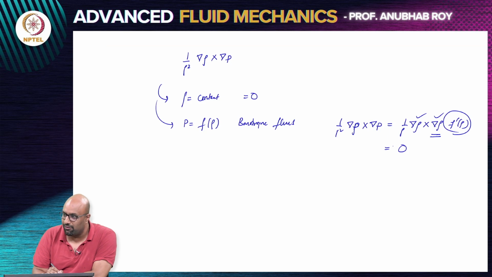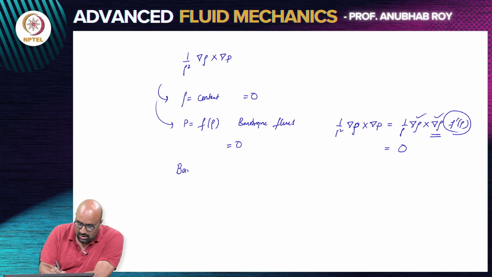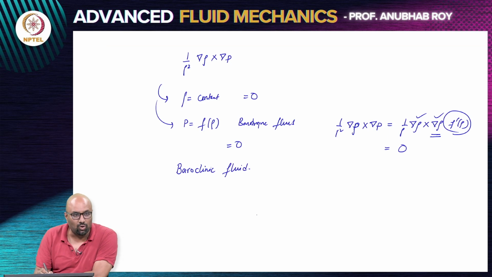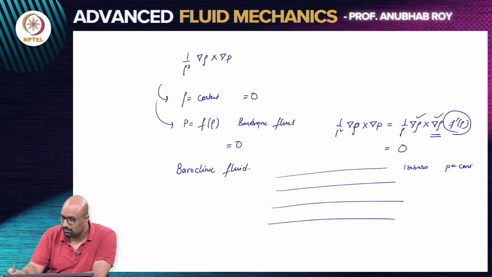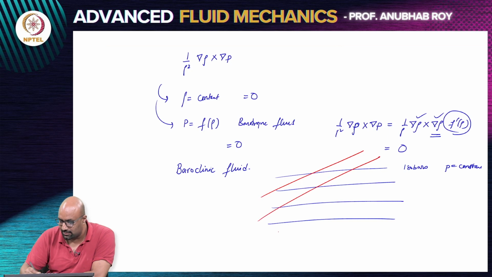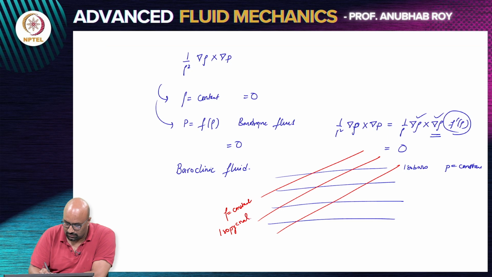A cross A is 0, they are parallel to each other. So, when you have a barotropic fluid, this term again becomes 0, which introduces us to a new terminology: a baroclinic fluid, where lines of constant pressure, which are isobars, and lines of constant density, which are known as isopycnal lines, do not coincide.